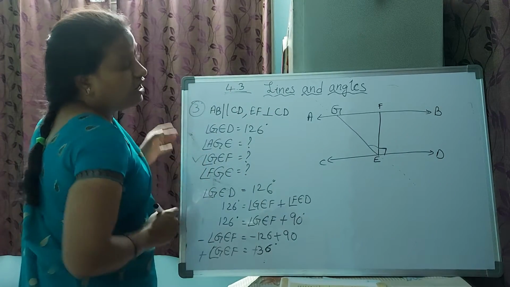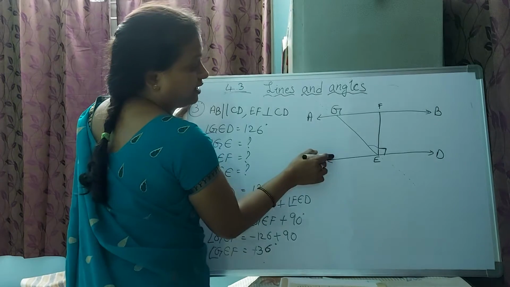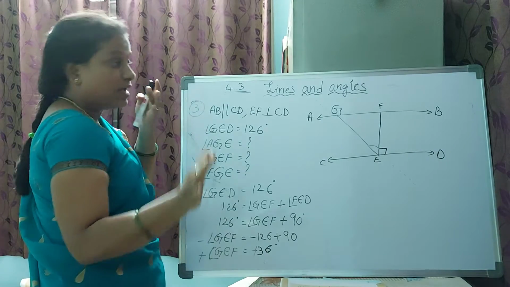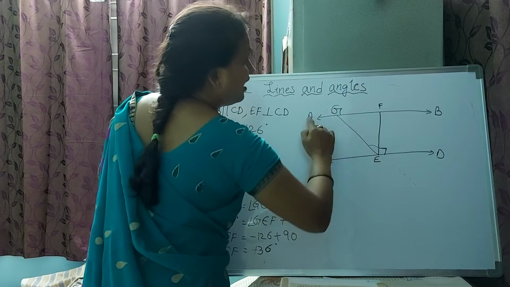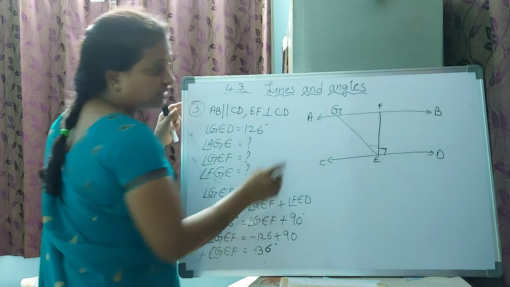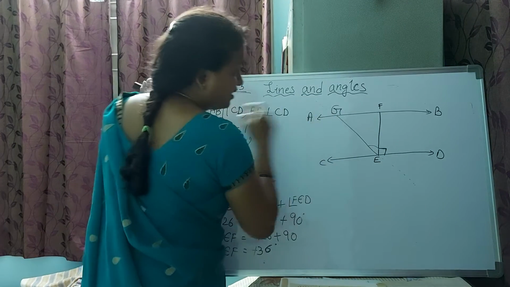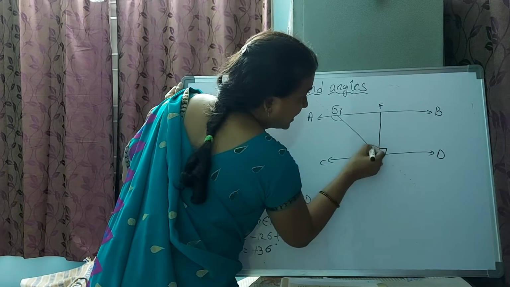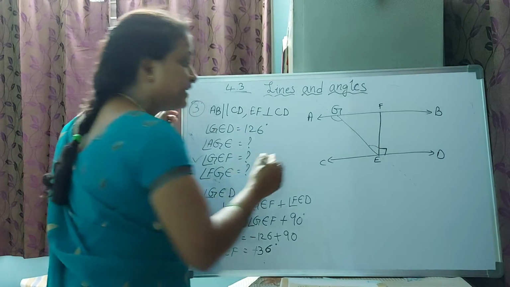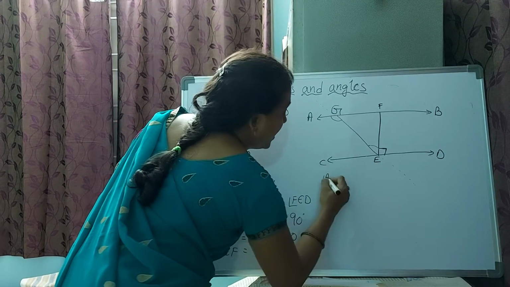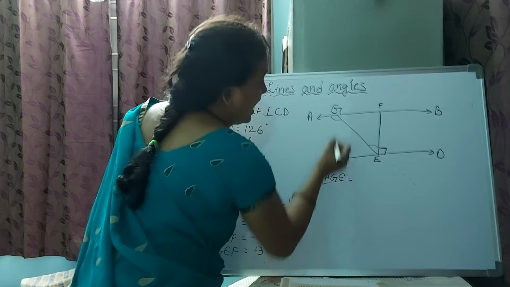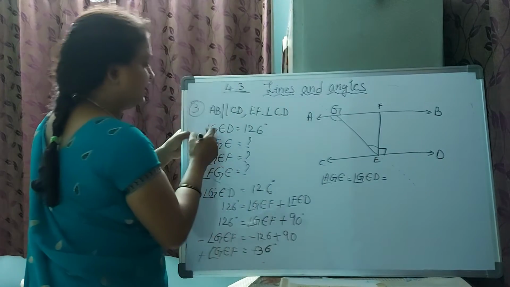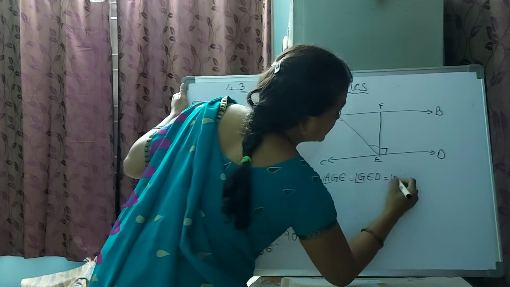Now observe these two lines are parallel. If you forget about this perpendicular line, just observe only this transversal and these parallel lines. For this transversal, this angle and this complete angle look like alternate interior angles. Angle AGE is equal to angle GED. Angle GED, how much? 126 degrees.